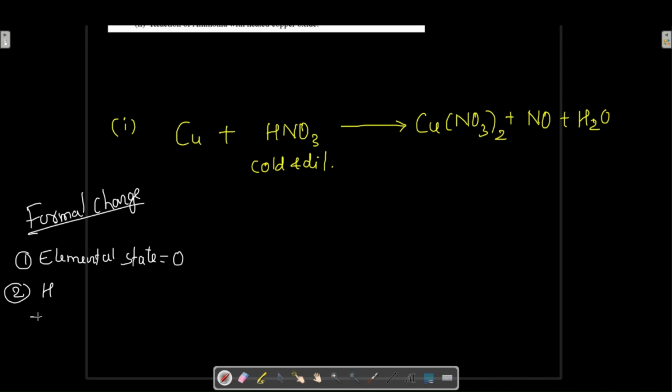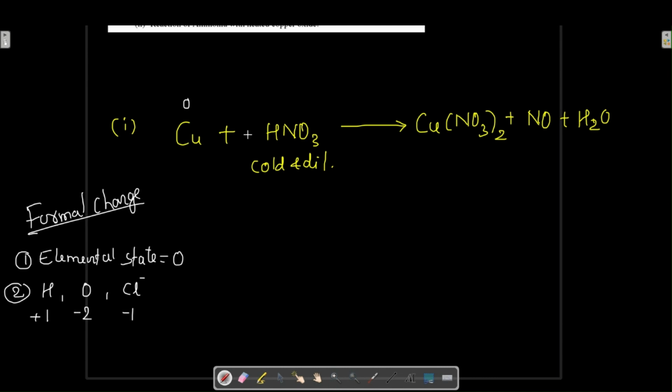Second, for hydrogen you will put formal charge plus 1, for oxygen minus 2. For chloride, it is minus 1, and nitrogen will change. Okay, understood?